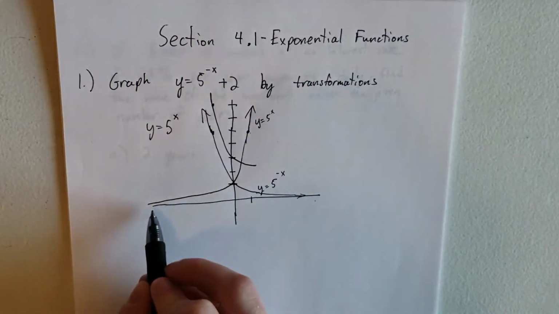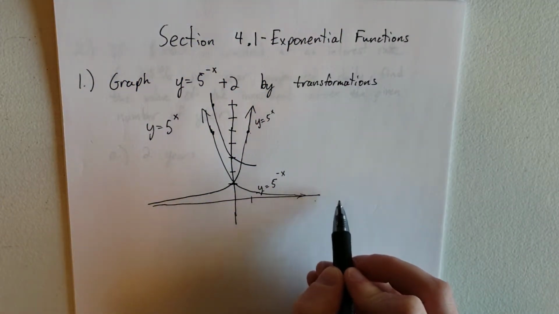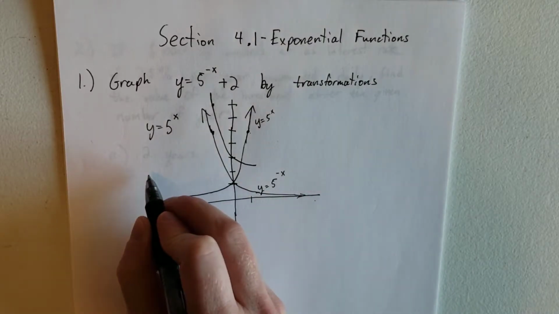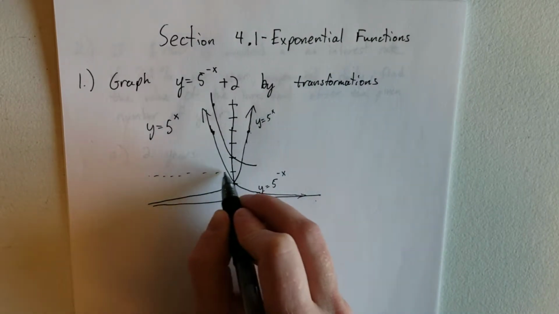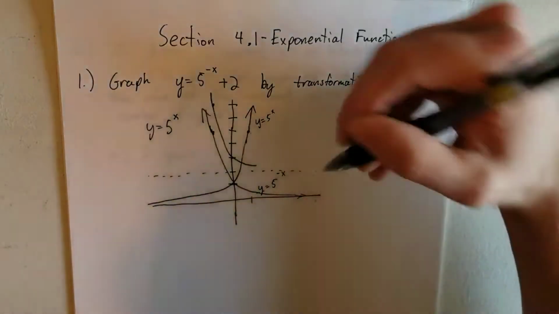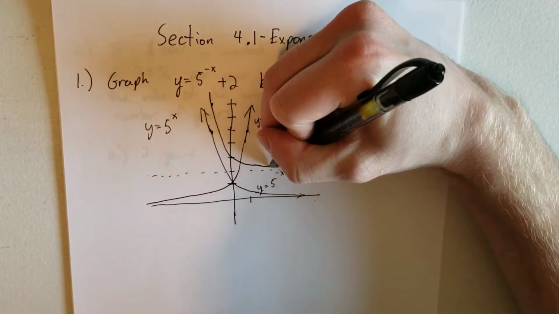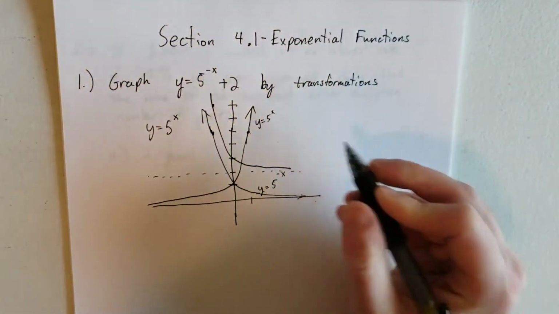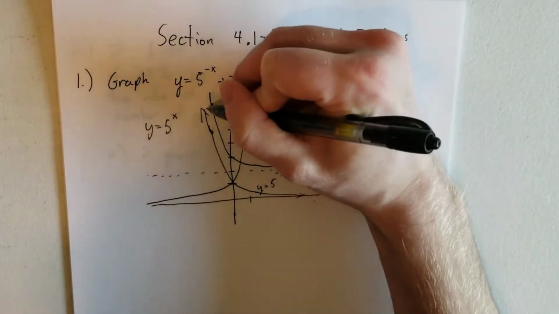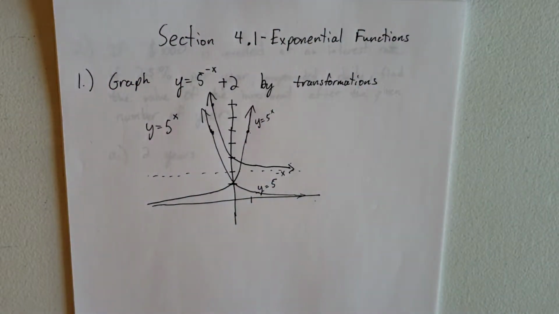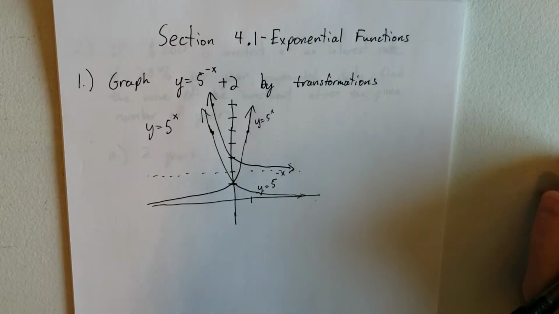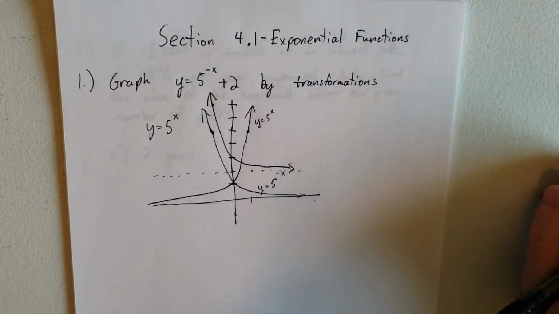And notice that we had a horizontal asymptote at y equals 0 before. Now we have a horizontal asymptote at y equals 2. So this will continue and approach but never reach y equals 2. And that's it for graphing y equals 5 raised to the negative x plus 2 by transformations.